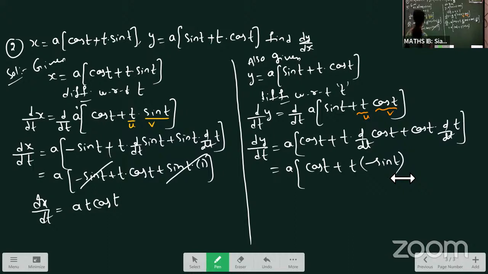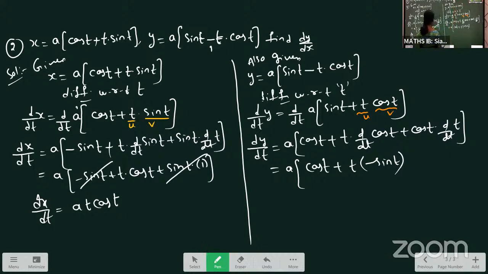In the question, y is given with a plus, so here the sign needs a small change: sin t plus t into cos t.